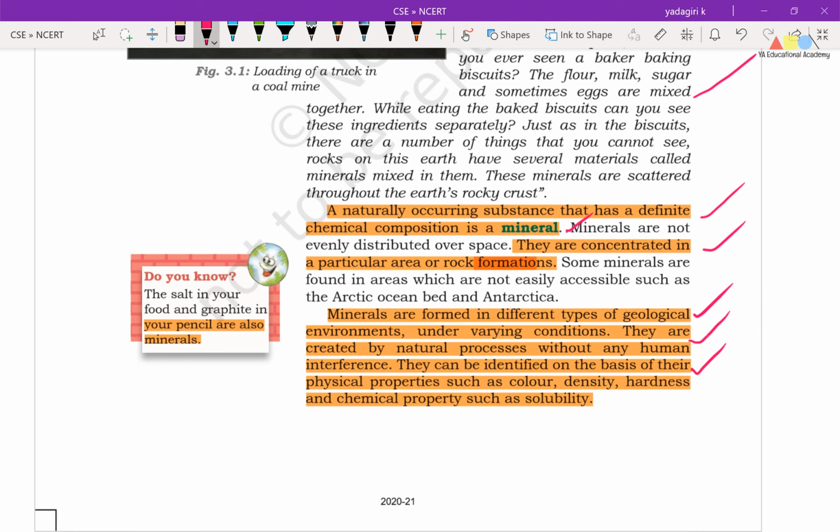Friends, they can be identified on the basis of their physical properties such as color, density, hardness, and a chemical property such as solubility. So basically the minerals have both physical and chemical properties. Friends, here is a fact: the salt in our food and graphite in our pencil are also made up of minerals. They are also minerals.